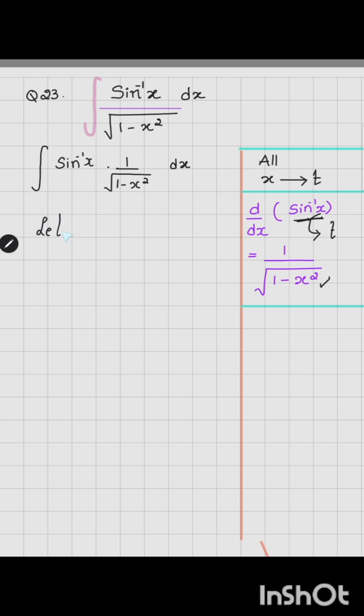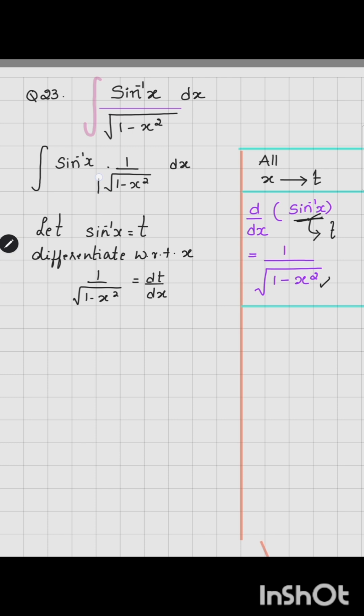So let sine inverse x equal t. Now we differentiate with respect to x. So 1 by square root of 1 minus x square is equal to dt by dx.